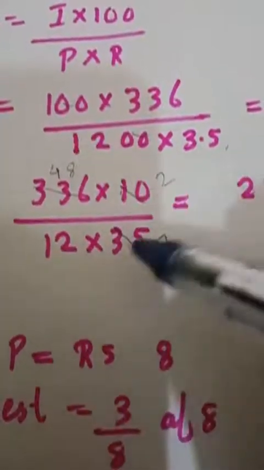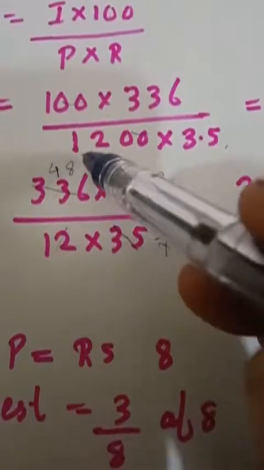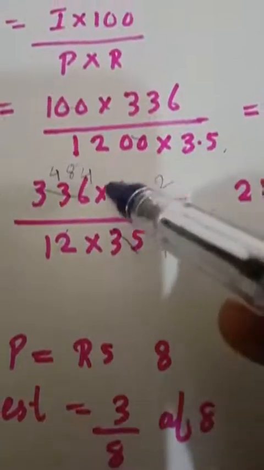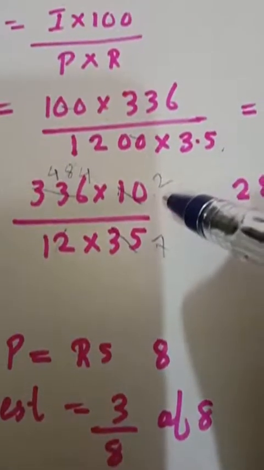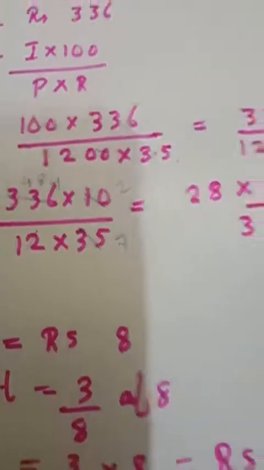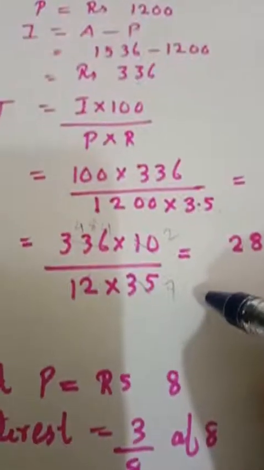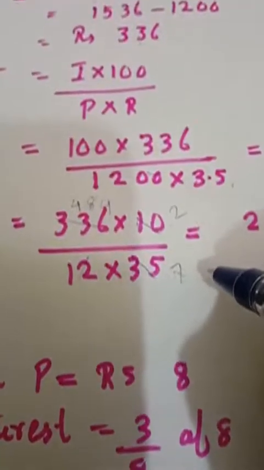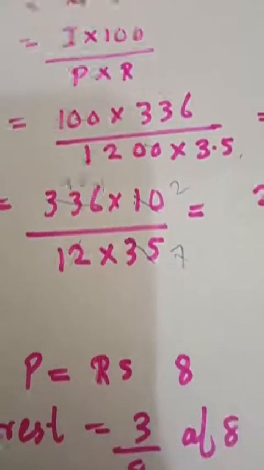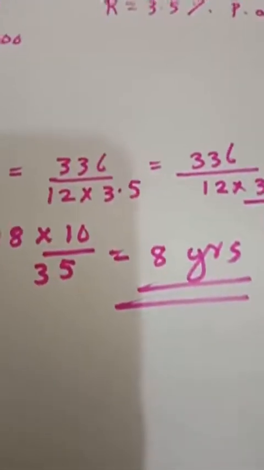Now 12 and 48: 4 12s are 48. So 4 2s are 8. 8 years.